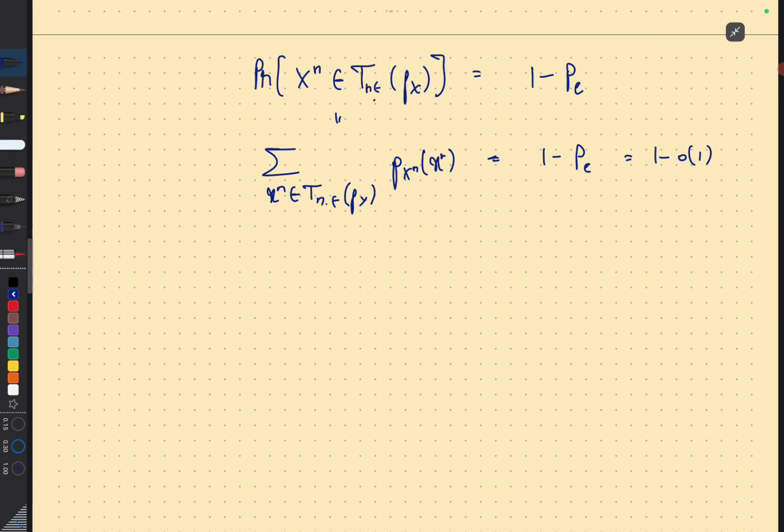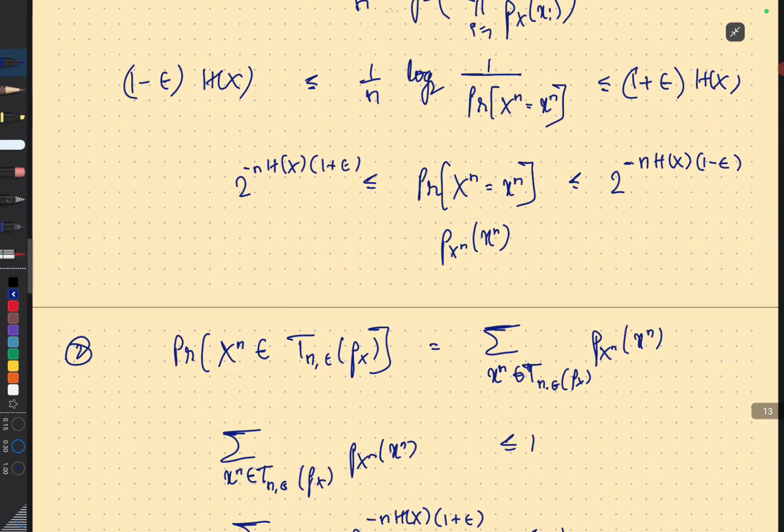But this quantity is greater than or equal to 2 to the minus n times the entropy times 1 minus epsilon.